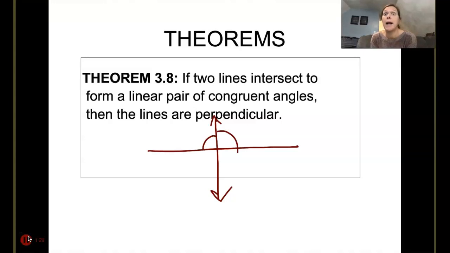Well, for them to add up to 180 degrees and be the same angle, they would both have to be 90 degrees. And what do we know about 90 degrees? A 90 degree angle is a right angle, right? And what do we know about lines that intersect at a right angle? They are perpendicular. So if two lines intersect to form a linear pair of congruent angles, meaning that they both have to be 90 degrees, then we know that our lines are going to be perpendicular.